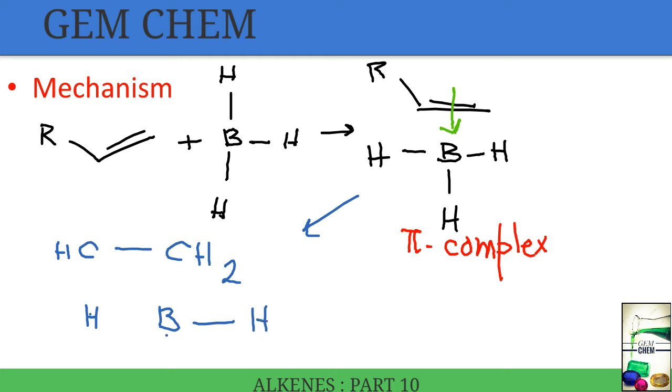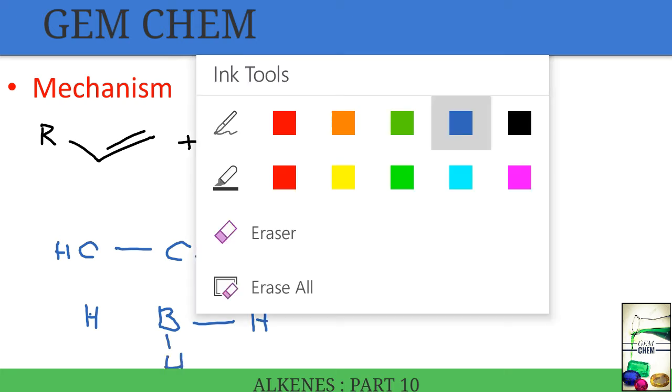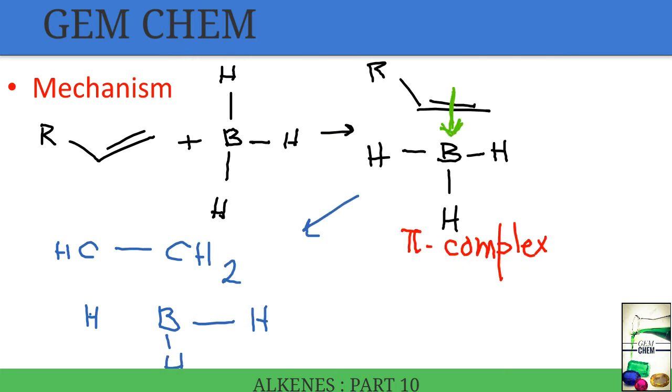Since the pi donation has taken place to the boron, boron becomes delta negative and this carbon becomes delta positive. We show dotted bonds because these are forming or breaking. Here is an R present. So this is the transition state formed when boron attacks from this side.